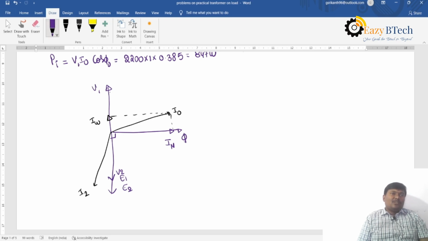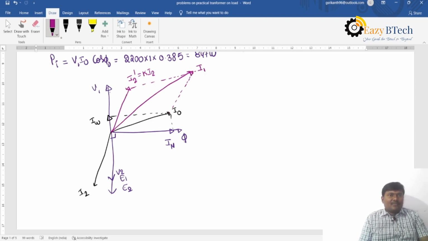Once the current is flowing through the load, it will produce a secondary reflected current, that is I2 dash is equal to K times I2. By adding these two vectors, I will get the resultant current I1. But if you want to solve this problem, you should be thorough with the phasor diagram.